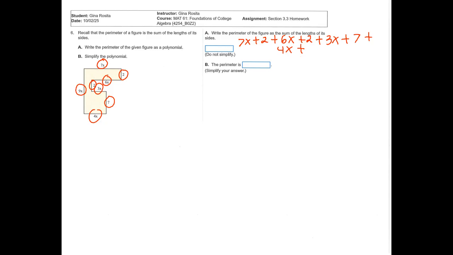Okay, this is for A. Because they said do not simplify, so you just write down the sides: 7x plus 2 plus 6x plus 2 plus 3x plus 7 plus 4x plus 9x.